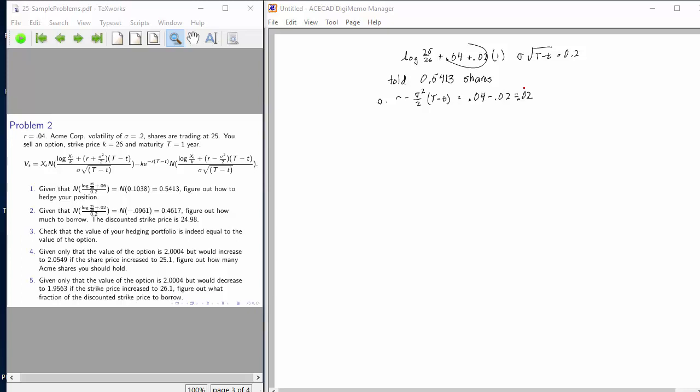That works out to 0.4617. And what does that mean? That's the fraction of the discounted share price we should borrow.